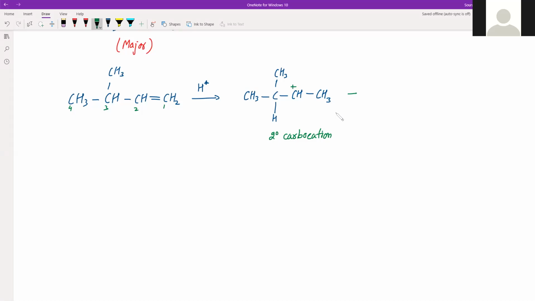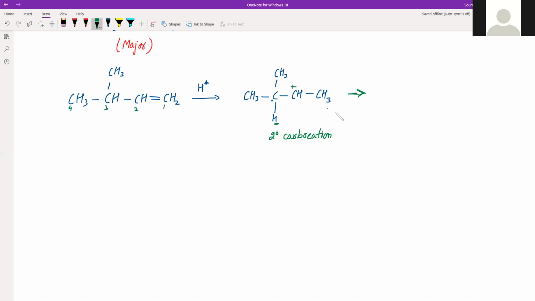We said if it is possible, it will go into rearrangement. So after doing rearrangement, what will we get? The rearrangement is possible from both sides, from here as well as here. Obviously, when it goes through this, the positive charge will shift here, and that carbocation will be a 3-degree carbocation.